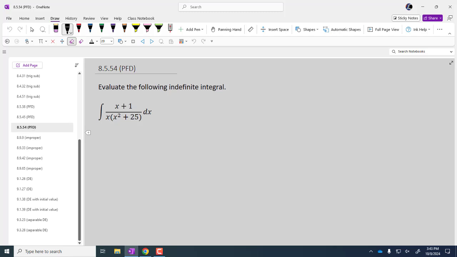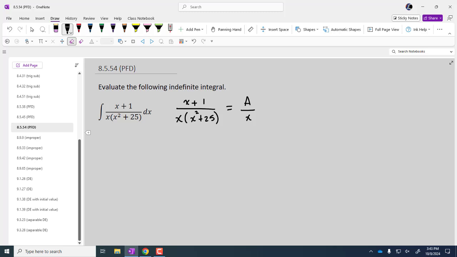Okay, so if the denominator is not factored, you have to factor the denominator first. This one already has the denominator factored. So this tells us that we are going to try to rewrite the integrand here with partial fractions. So this has two factors in the bottom. One that is linear, and the numerator for a linear is always a constant.